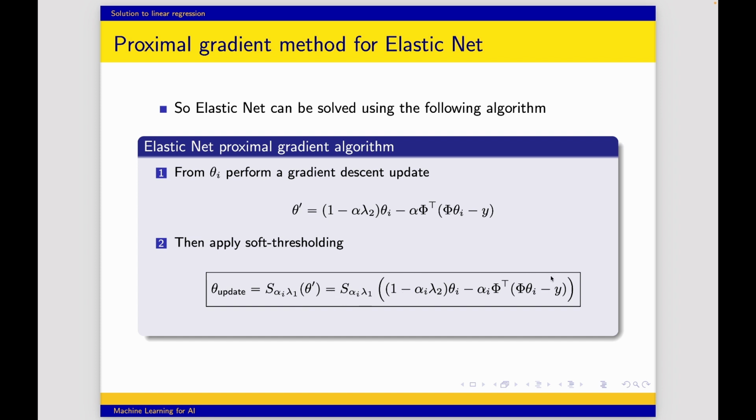And so we have this result here. And that's it. So we don't need to do anything new. We already developed the components that we required. The only thing that we needed to do was calculate a new gradient, right? And from that, we get a new gradient descent update, which is this. And then we just do exactly the same as before. We just pass this through the soft thresholding operator.